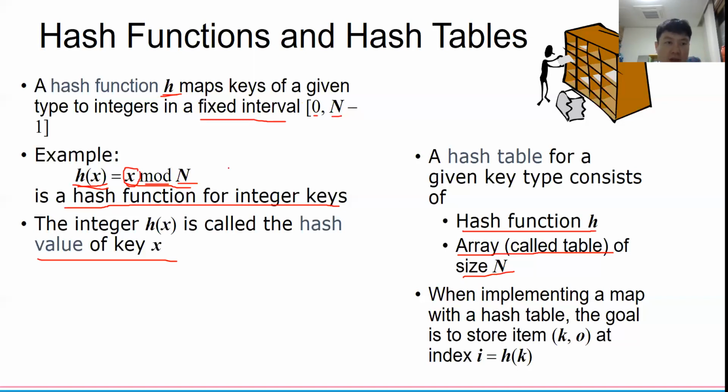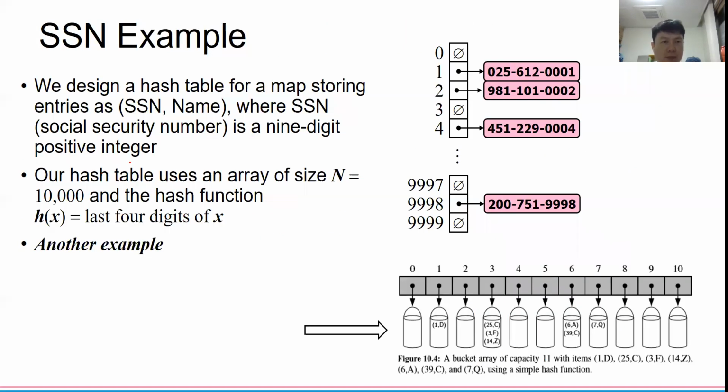The array means how you put the value into a particular index. So when implementing a map with a hash table, the goal is to store item (k, o) at index i, where i is the result of the hash function.